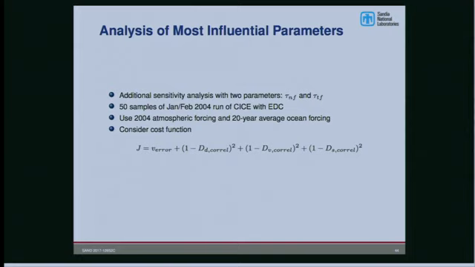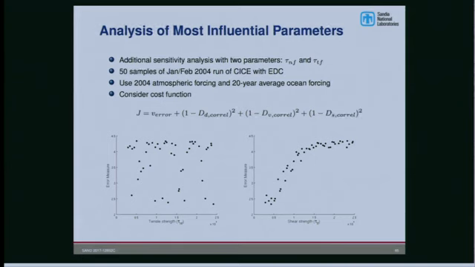And we looked at a cost function that included the velocity error as well as the correlations between the divergence, vorticity, and shear. And so it's kind of interesting. If we look at the tensile strength for these 50 samples and the error measure, you don't see a big pattern. It's kind of random.